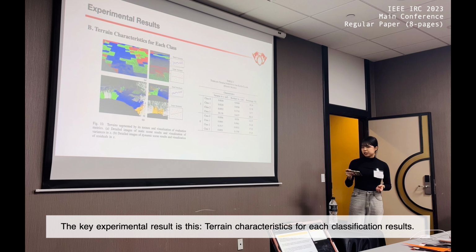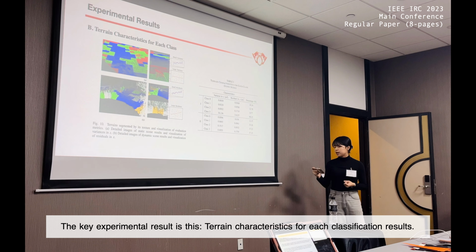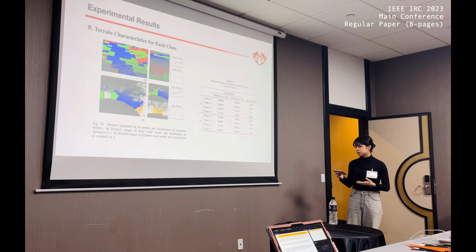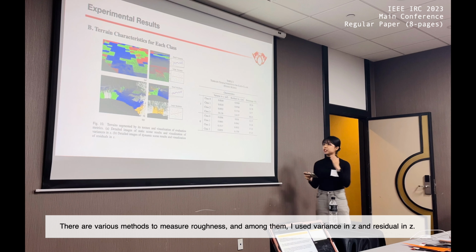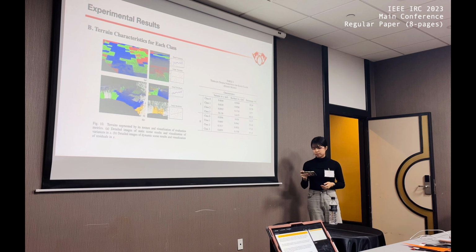And the key experimental results are like this. Terrain characteristics for each classification result. There are various methods to measure the roughness, but among them, I used variance in Z coordinates and residual in Z coordinates.